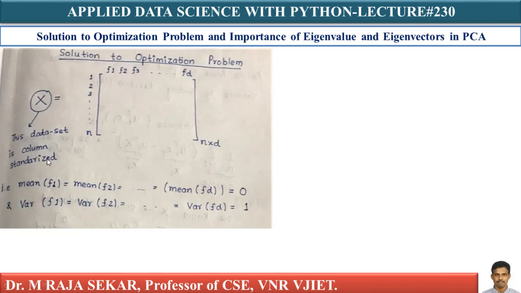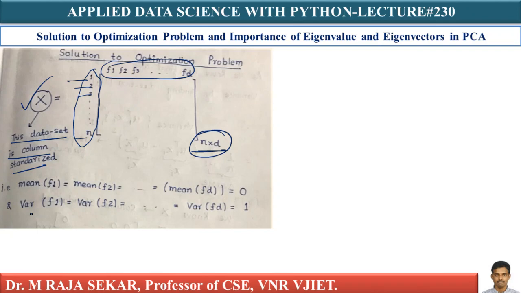Just see, this is my X, my data matrix. How many data points do I have? 1, 2, 3, and so on up to n. How many features do I have? D features, that is an n by D matrix. This data set is column standardized. What is column standardization?